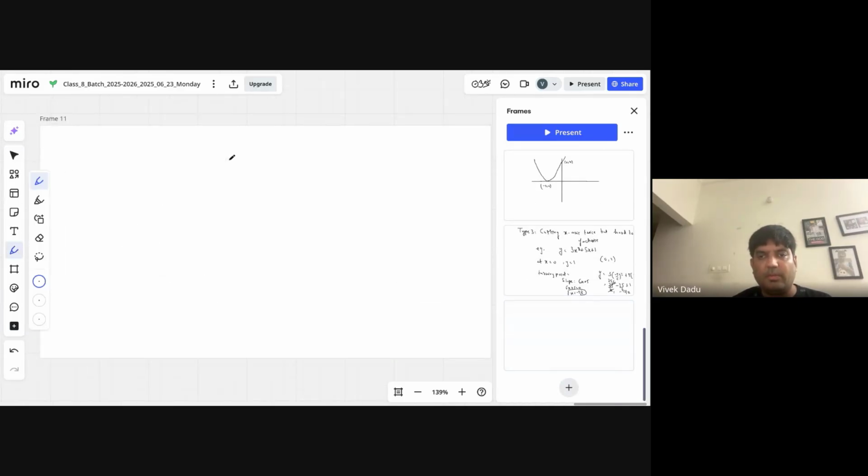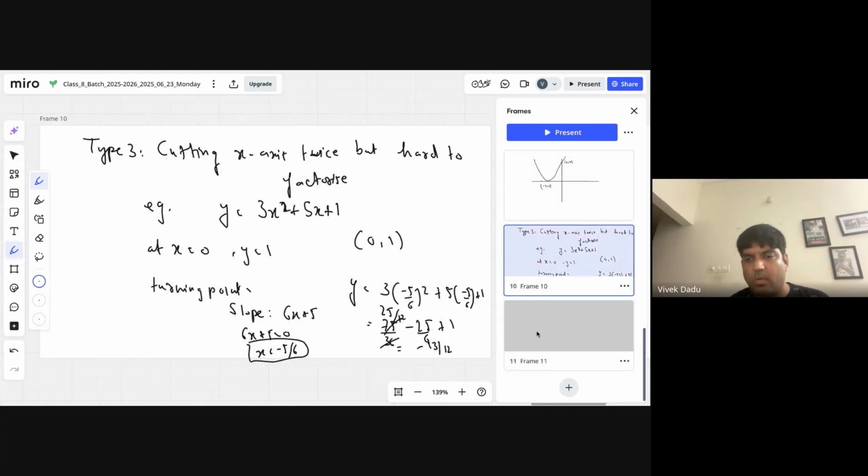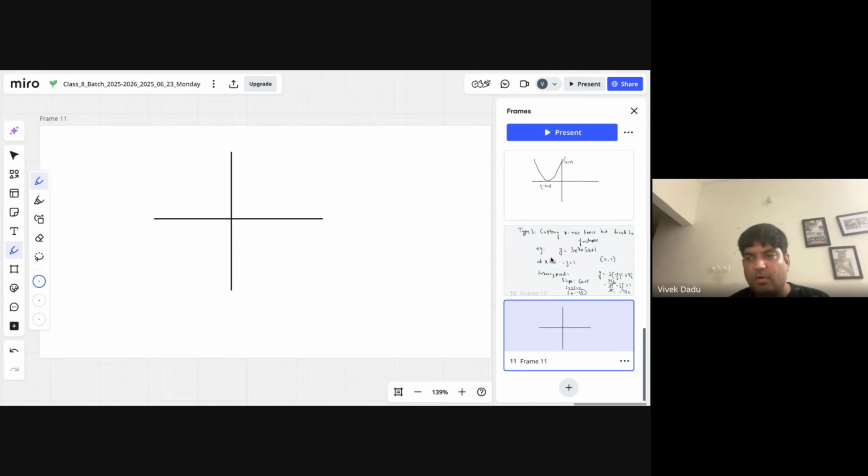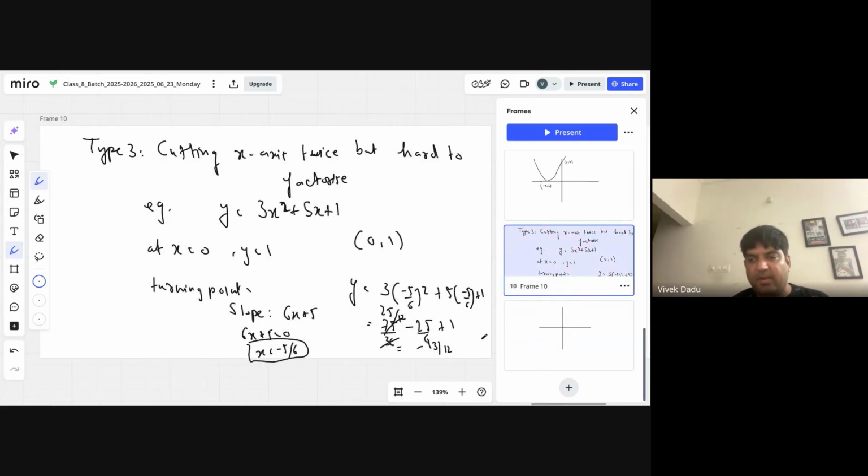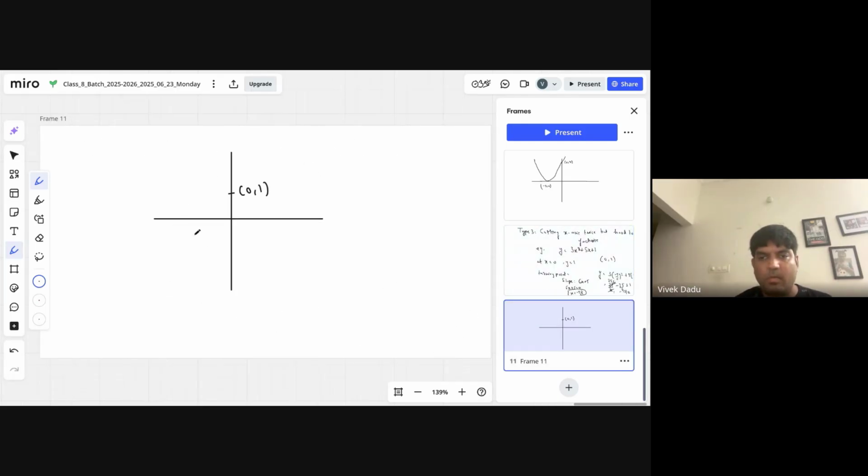So again, now you can plot the graph. That's not the problem. 0, what was the y point? 0 comma 1. And the turning point was minus 5 by 6 comma minus 13 by 12.